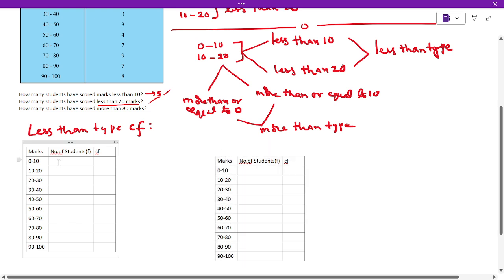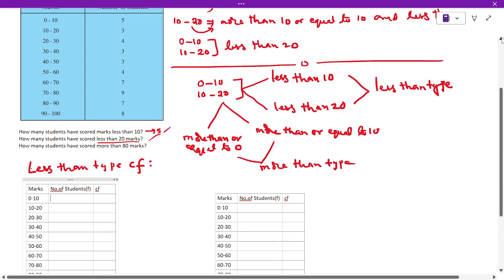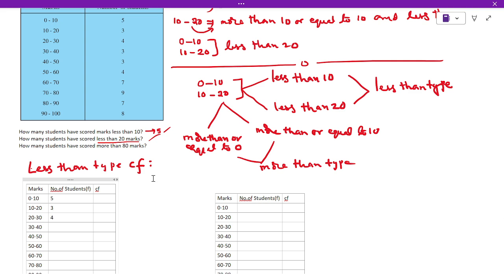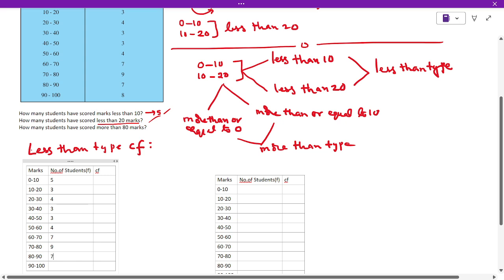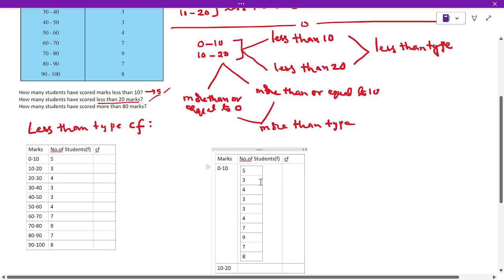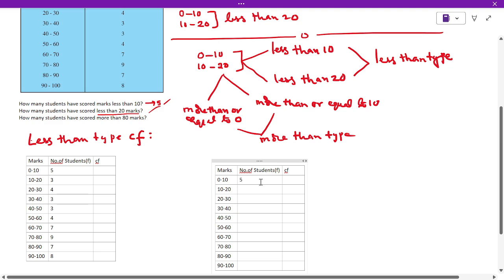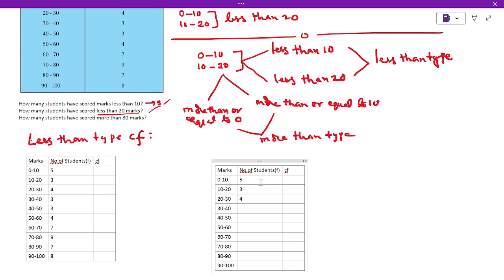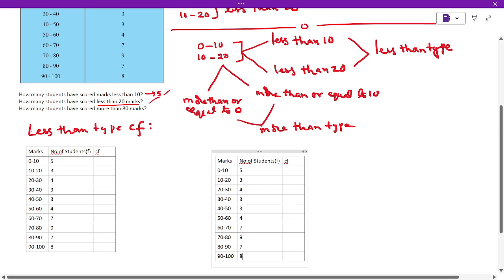Let us write very fast the frequencies: 5, 3, 4, 3, 3, 4, 7, 9, 7, 8. Similarly here also we'll write 5, 3, 4, 3, 3, 4, 7, 9, 7, 8. Okay, so done.